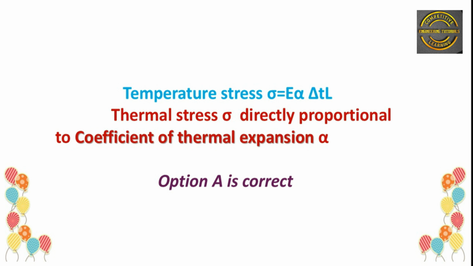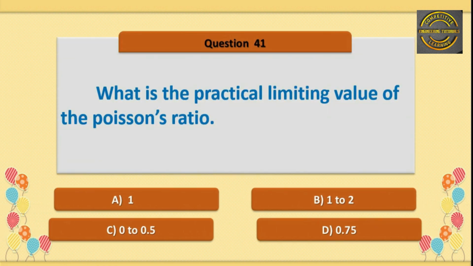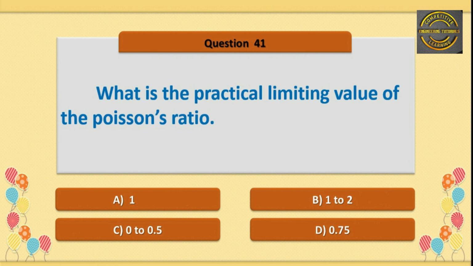Here this one is the explanation. Temperature stress sigma equal to E alpha into delta T into L. The thermal stress sigma is directly proportional to the coefficient of thermal expansion alpha. So option A is correct. Question number 41. What is the practical limiting value of the Poisson's ratio?